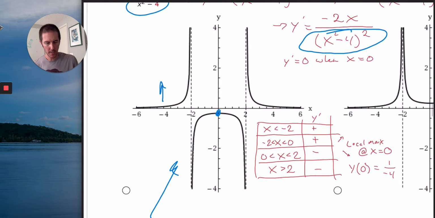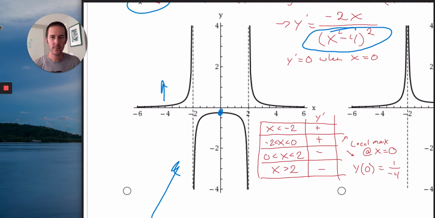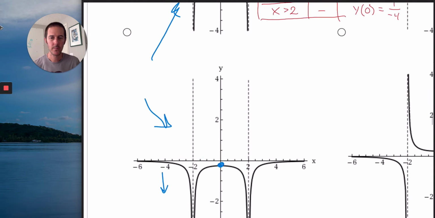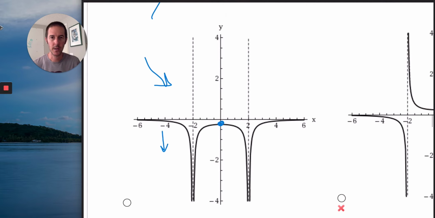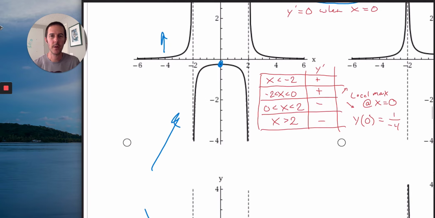Of our two remaining options, this graph has symmetry definitely about the y-axis. This one also has symmetry about the y-axis. So you could do the test, it looks like, determining whether or not f of negative x equals f of x is going to be true, because these two remaining options both exhibit symmetry about the y-axis.